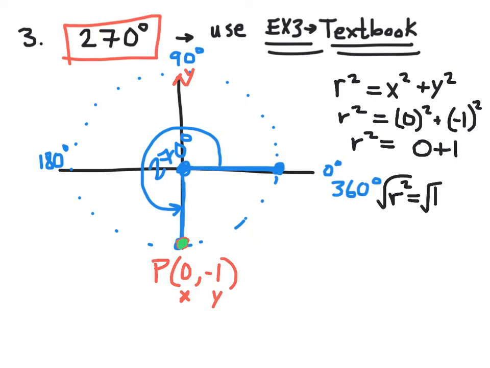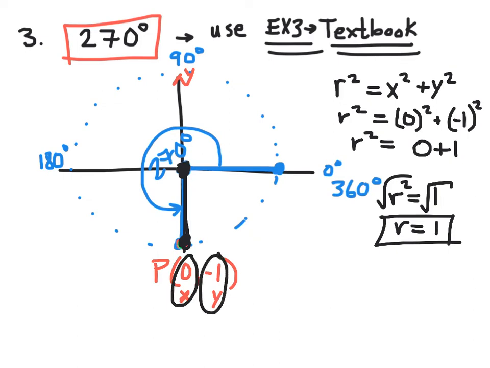Take the square root of both sides. r is also equal to 1, which makes sense because this is the middle to the outside of the circle. The radius is also 1. Now, we have x, y, and r. We have that x is 0, y is -1, and r is 1. If we have all these values, there should be no issue figuring out sine, cos, and tan.